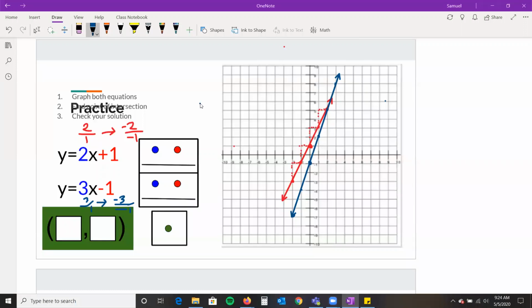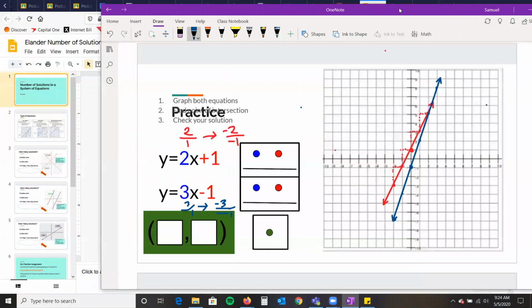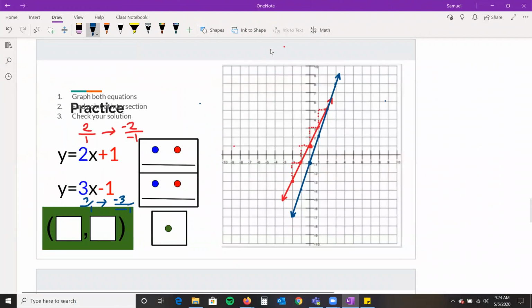Okay, so here's what I put on mine. On this, I can't drag my little dots, so I just made my own. So I looked at this first one first, y equals 2x plus 1. And I noticed that my y-intercept first was 1, right? That's going to be my starting place. So I placed this point right off the bat.